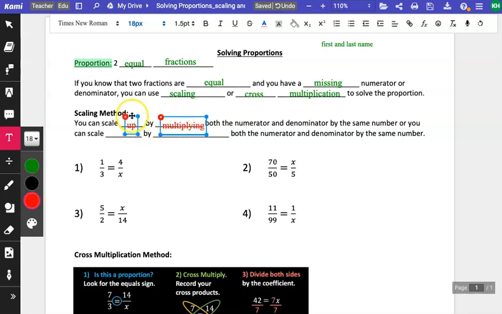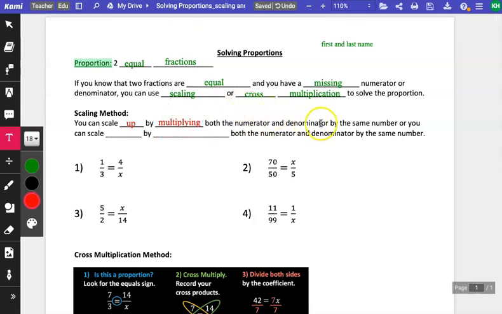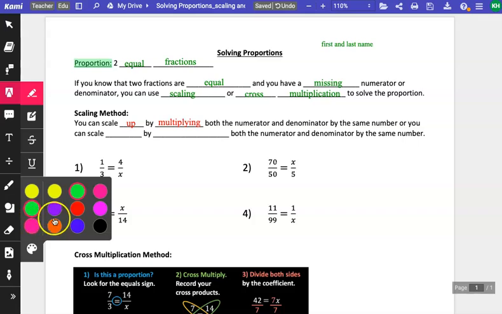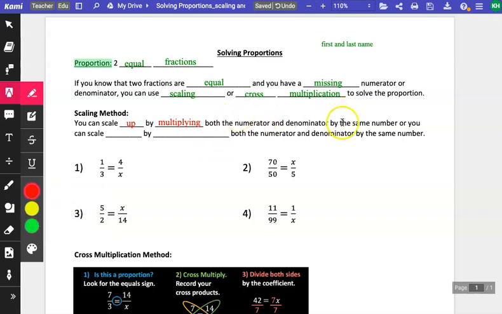You can scale up by multiplying both the numerator and denominator by the same number. I'm going to highlight that part, that's important. I'm going to highlight it in red. By the same number, that's very important. So you can scale up by multiplying both the numerator and denominator by the same number.